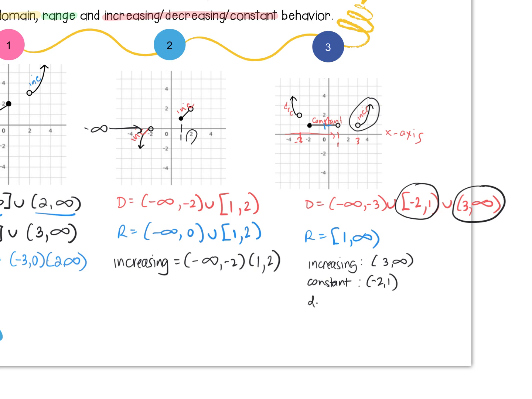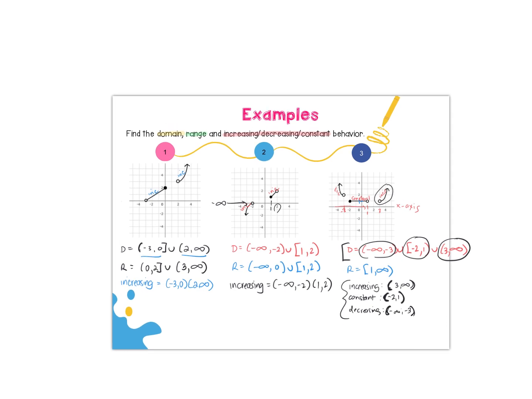And my decreasing is going to be the very first part of my domain, so negative infinity to negative 3. All of these are going to come from somewhere in the domain, okay? It's just that these are always going to have parentheses. These are not going to have brackets, ever, with increasing, decreasing, and constant.